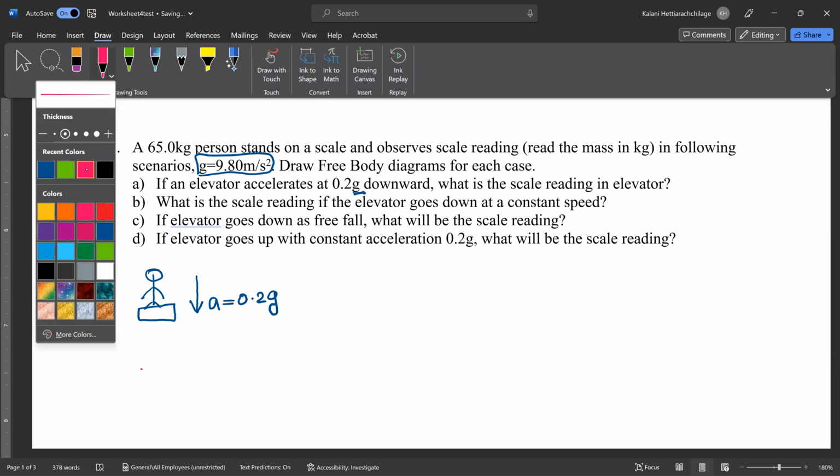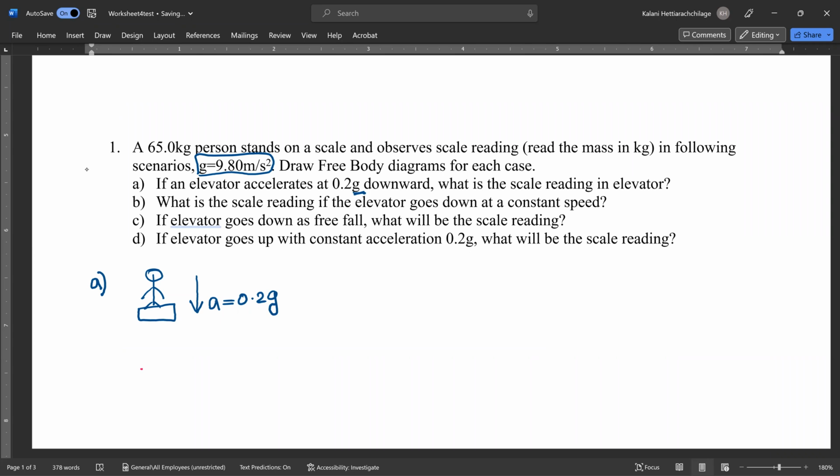What are the forces acting on this person? If you take the person, we know that there is the force of gravity and there is the normal force. We don't know yet whether these two forces are equal, because it is accelerating, so we need to use Newton's second law. I don't even know which one is greater. That's what we're going to find out in the question.